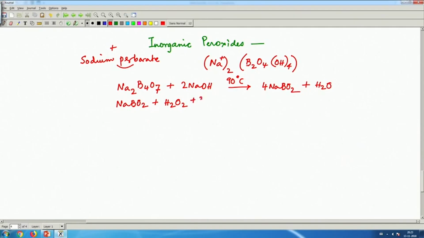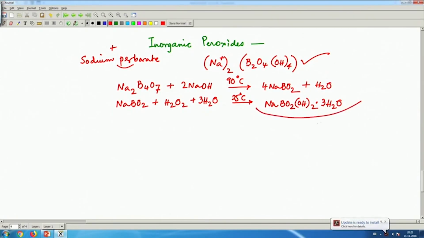This, when it reacts with 3 molecules of water at 25 degrees centigrade, we get NaBO2(OH)2, which is half of this formula, along with 3 waters of crystallization, and actually we get double of it.